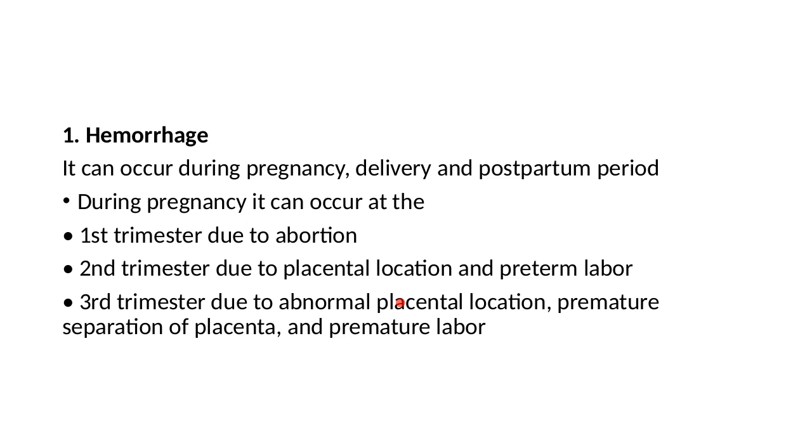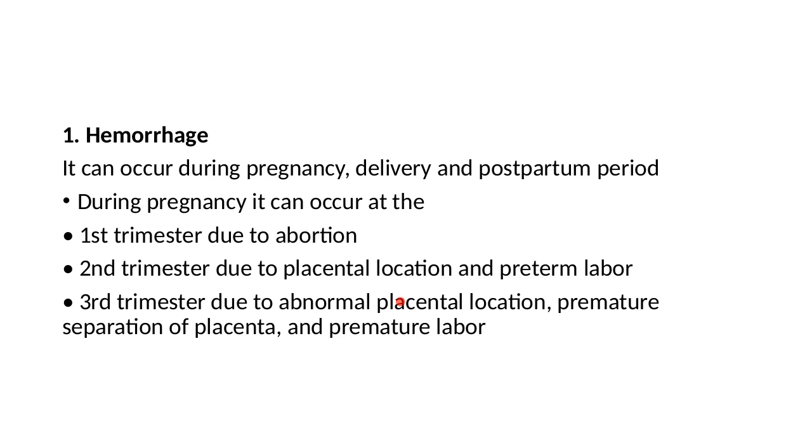It can occur during pregnancy, delivery, or the postpartum period. So bleeding can occur during pregnancy, there can be excessive bleeding during delivery, as well as in the postpartum period. During pregnancy, it can occur at the following stages. During the first trimester, this can be caused by abortion.